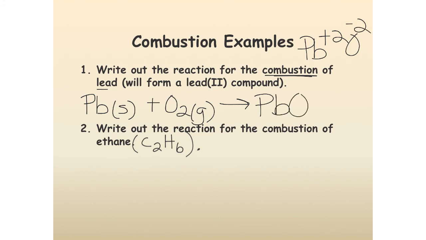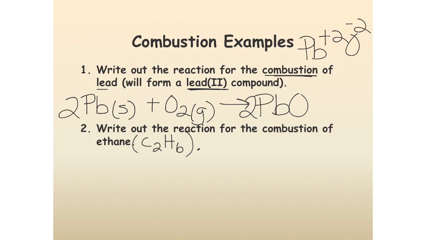If it was the lead +4, then the ratio would be different. If they hadn't specified that, then technically you could answer it either way. Obviously, we still need to balance the equation. So we would put a 2 there and a 2 there, then we would be good.